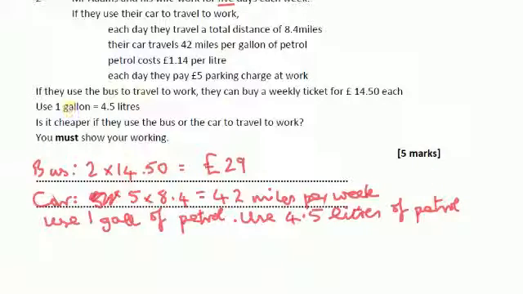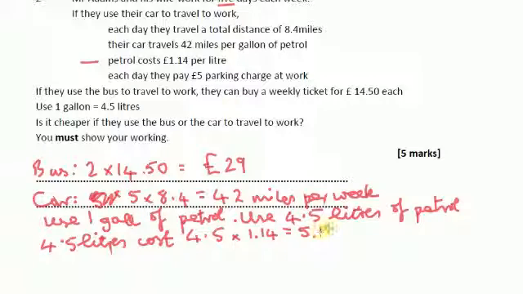And we know that 1 litre costs £1.14. So 4.5 litres of petrol cost 4.5 times £1.14. And using your calculator, you will find that that comes to £5.13.